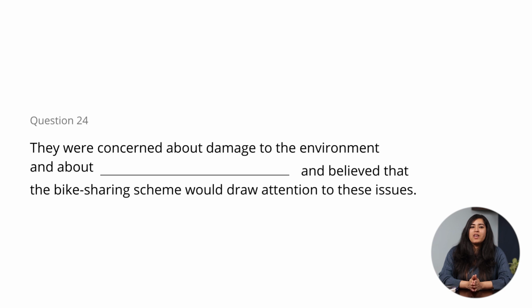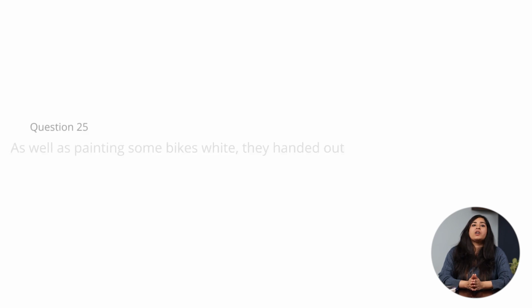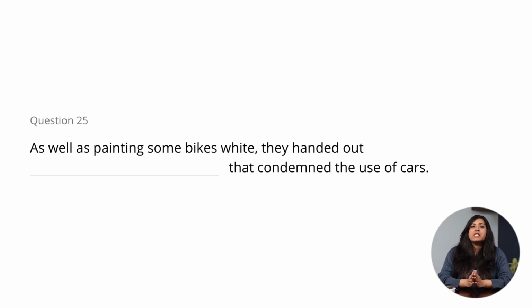Number 24: They were concerned about damage to the environment and believed that the bike sharing scheme would draw attention to these issues. This answer can also be found in the same paragraph. Going on to question 25: As well as painting some bikes white, they handed out blank that condemned the use of cars.